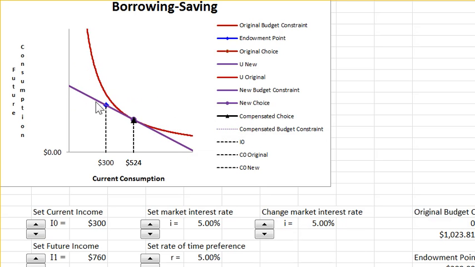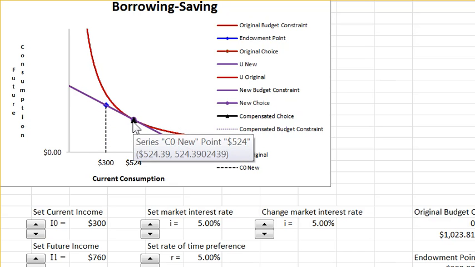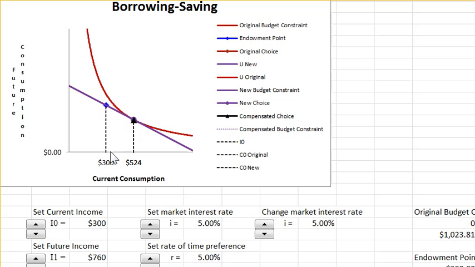So now we're going to briefly look at the general case where he has income in both periods. His current consumption is greater than his current income. So this consumer is borrowing this difference, 524 minus 300. So this consumer is a borrower. Let's raise the interest rate as we've been doing and see what happens.